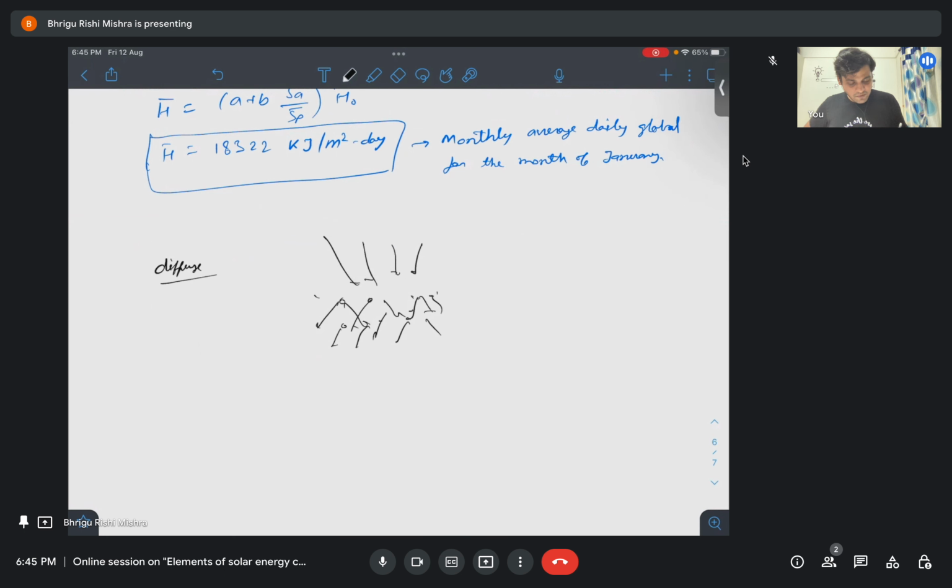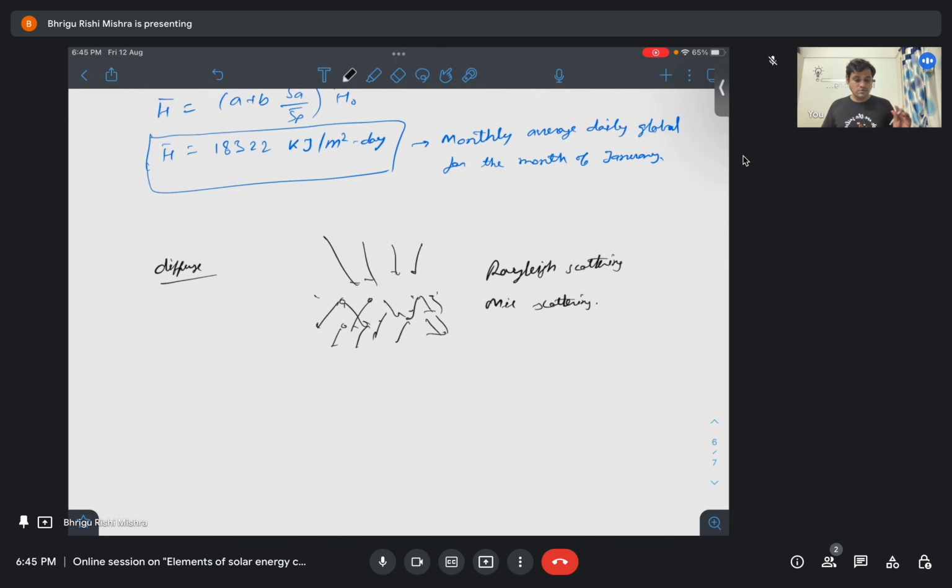There are two types of scattering: Rayleigh scattering, which is why our sky appears blue, and Mie scattering.